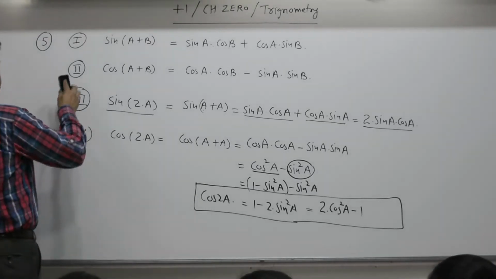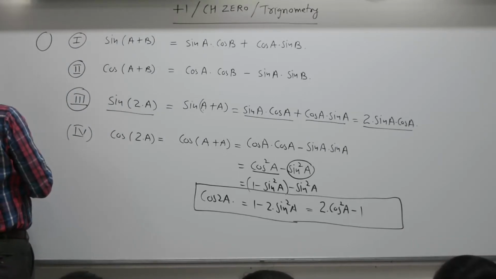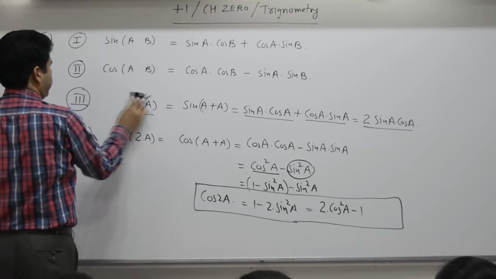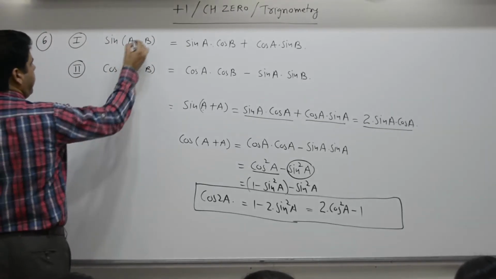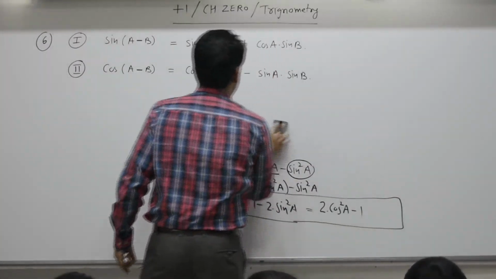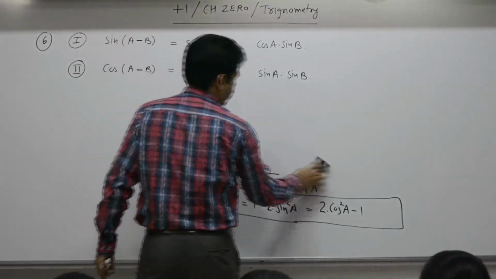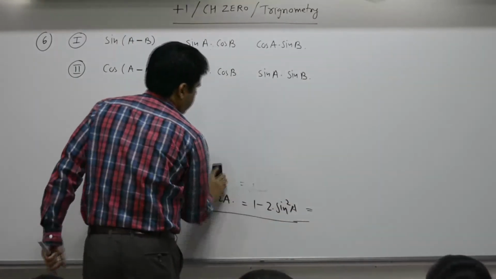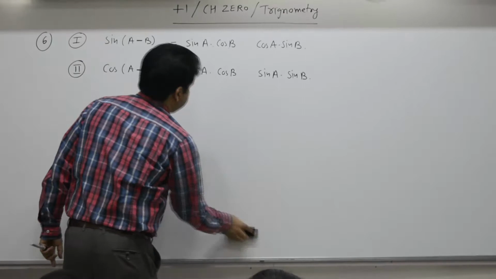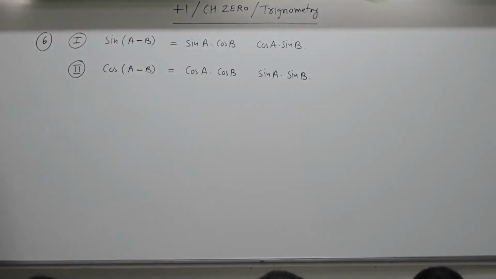These are all addition formulas. Sin A minus B is sin A cos B minus cos A sin B. Cos is sin with as it is here.